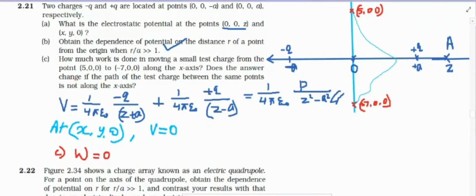Again, the answer will be the same, because we know that electrostatic force is a conservative force. The work done by this force depends only on the initial point and final point. It is independent of the path followed by the object. Therefore, you will get the same answer.